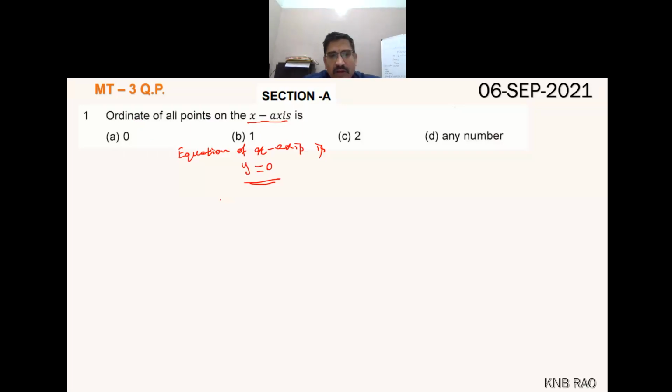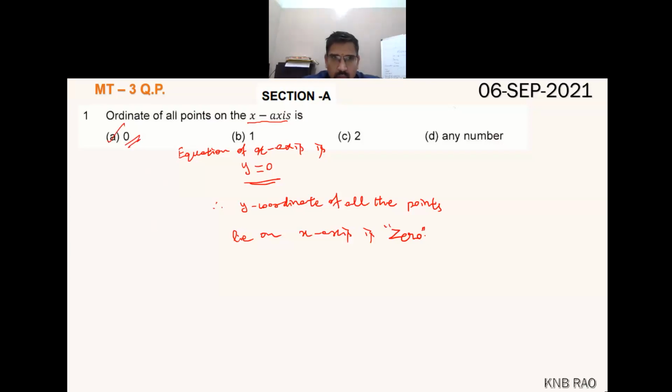Therefore, y coordinate of all the points which lie on x-axis is 0. So this is the answer. Any point lying on x-axis will have its y coordinate 0. So A is the right answer.